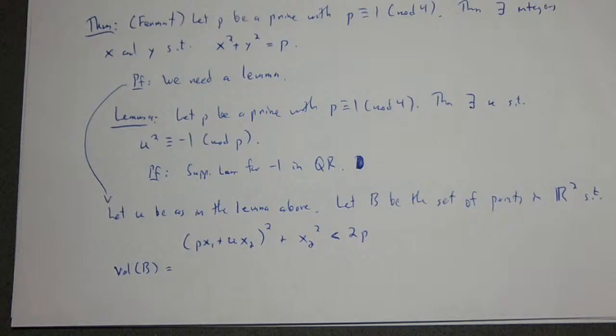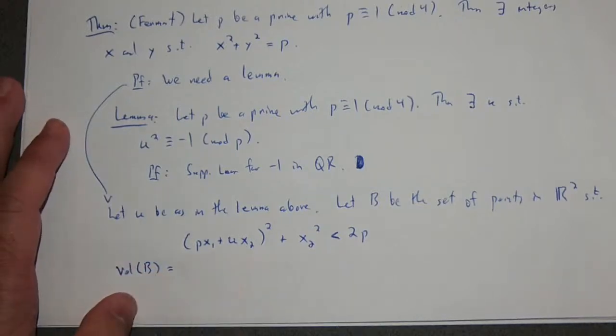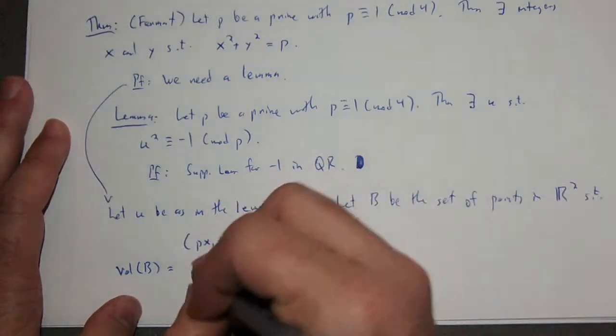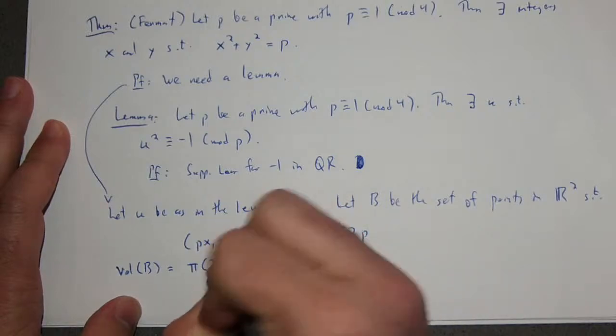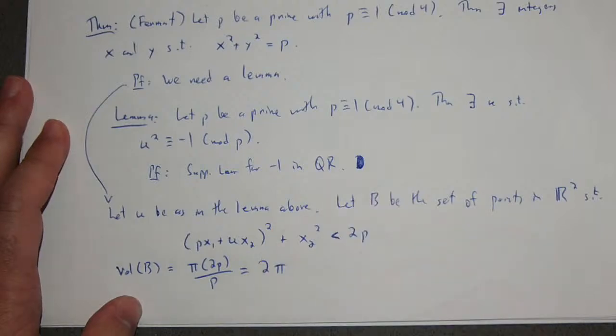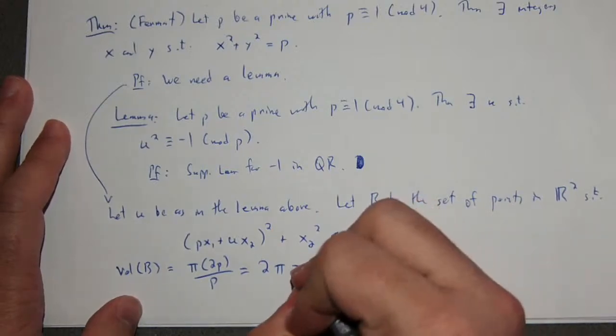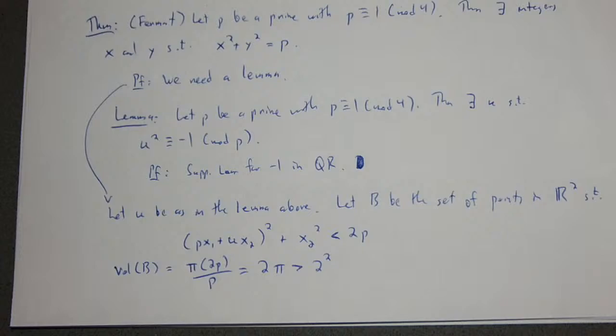So using that fact at the end of the first section of chapter 15, the volume of this thing is pi times the radius squared, 2p over p, which is 2 pi. But hey, what do you know? 2 pi is greater than 2 squared.